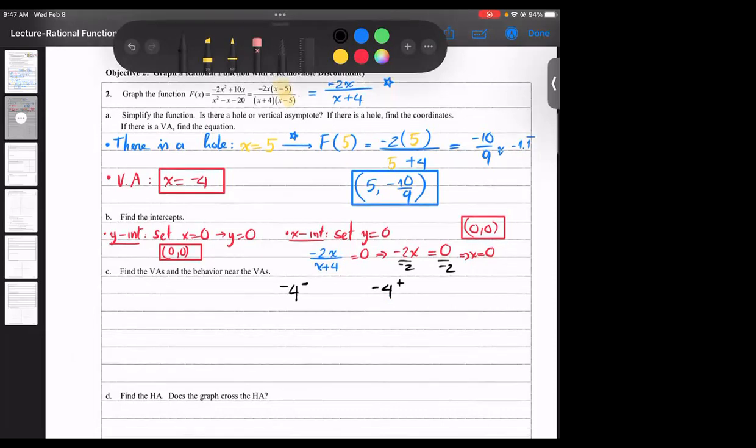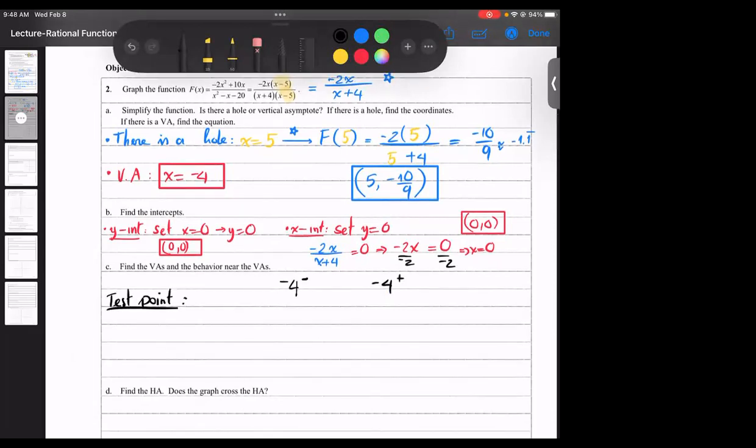Remember what's next? We do a test point. I would pick something near the value.